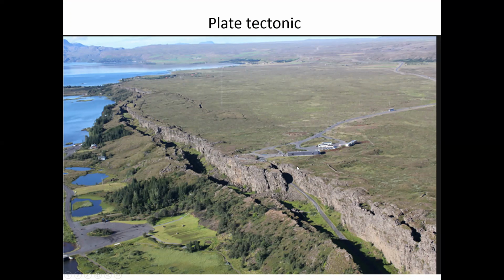You have the Eurasian plate moving in this direction. This creates this Rift Valley, right? So eventually, these two would continue moving away from each other. So basically, you have two plates that are breaking away from each other, creating this kind of landform.